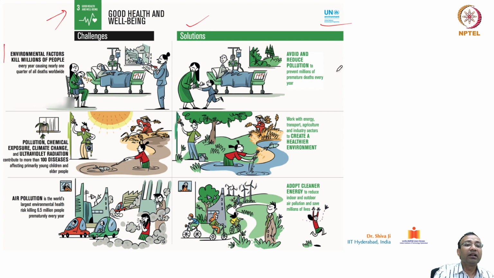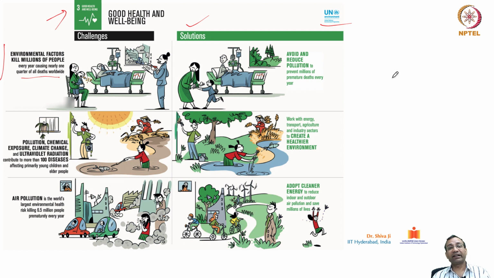What are those? Environmental factors like pollution and other stuff kill millions of people every year, causing nearly 1/4 of all deaths worldwide. So you see how big this whole problem is. 1/4 of annual deaths are because of environmental factors. Okay, so how essential this has become.